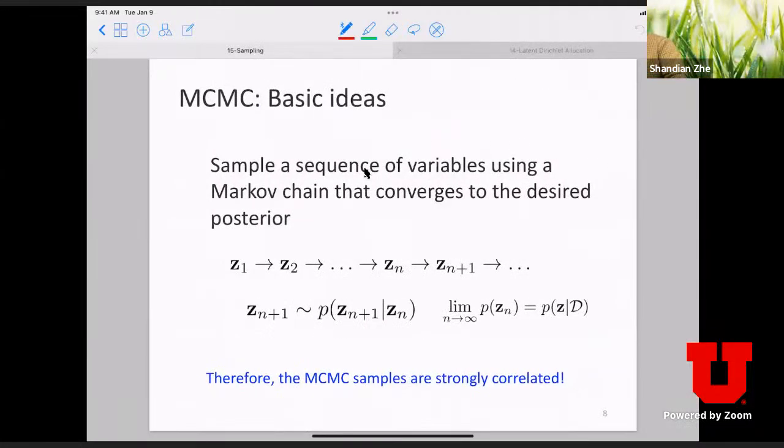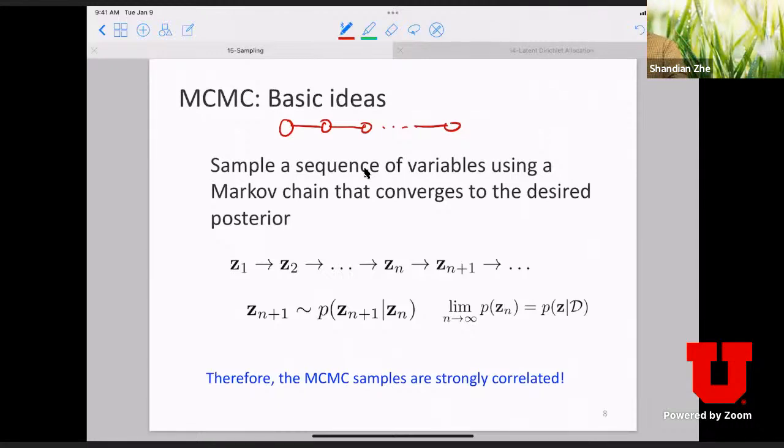Okay, so now we're gonna illustrate what's the basic framework for MCMC. The basic framework of MCMC is to construct a Markov chain. So how many of you have heard of Markov chain? Okay, great. So basically, a Markov chain, you can view like a probabilistic model which generates a sequence of variables.